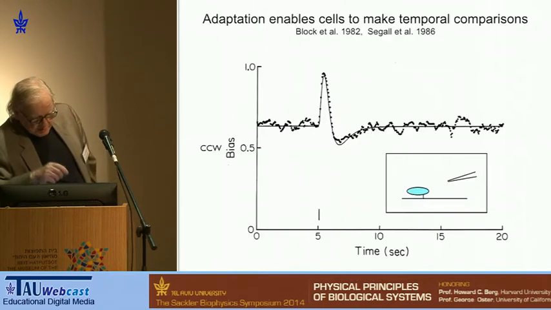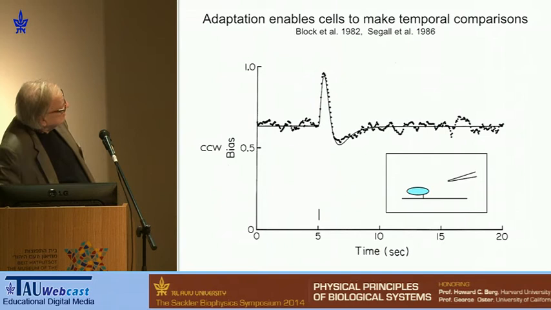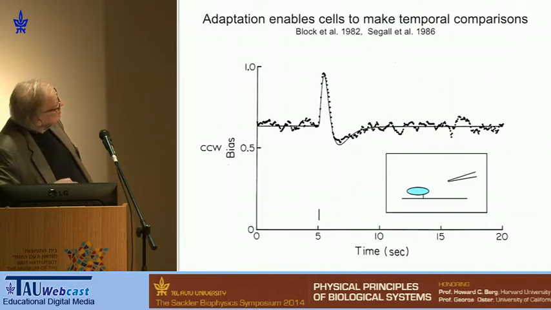So we spent a number of years measuring things like the impulse response. Here's the tethered bacterium. You bring up an iontophoretic pipette and you spritz a little bit of attractant onto this thing. And if you do it over a short time interval, you get a biphasic response. The cell tends to go counterclockwise for about a second, and then it comes back and goes clockwise for about 3 seconds and then recovers.